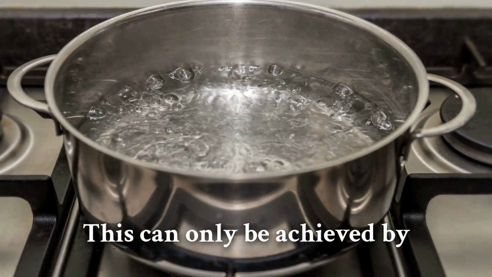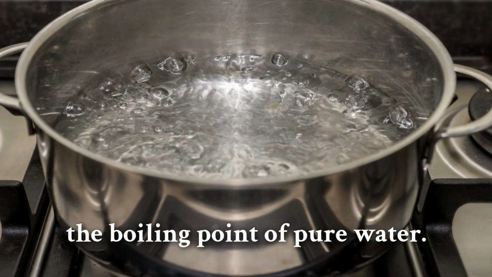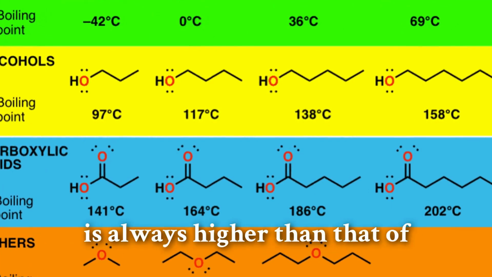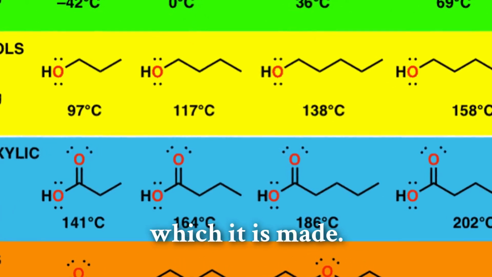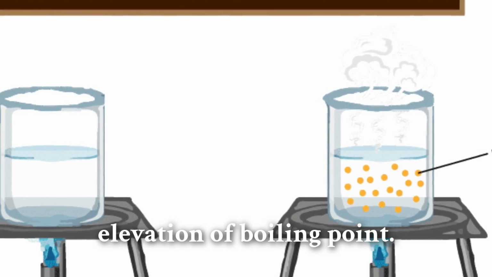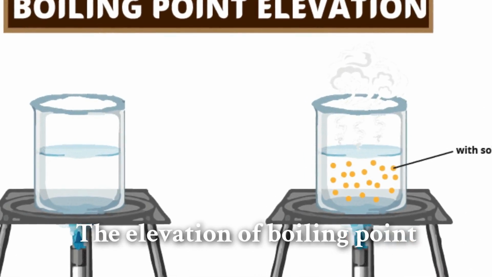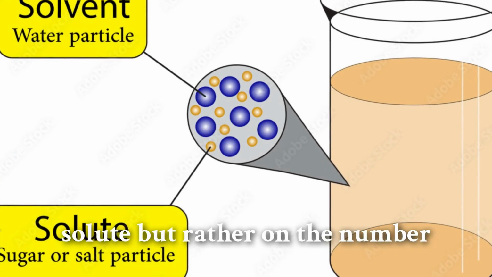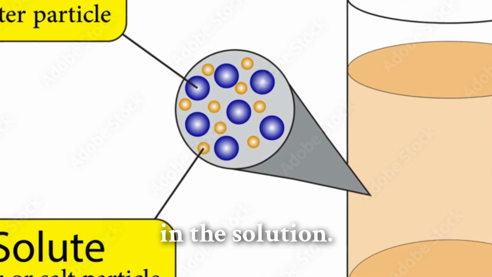This can only be achieved by raising the temperature above the boiling point of pure water. Thus, the boiling point of a solution is always higher than that of the pure solvent from which it is made. This phenomenon is known as the elevation of boiling point. The elevation of boiling point is not dependent on the type of solute, but rather on the number of solute molecules present in the solution.